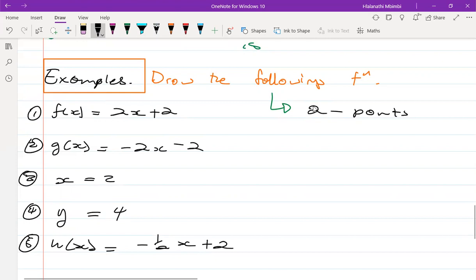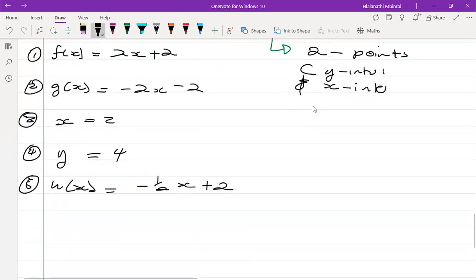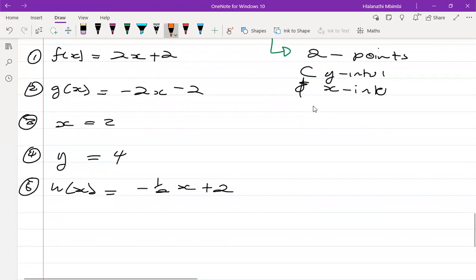Yes, we only need 2 points, and those points would be our special points, our y-intercept and our x-intercept. Yes. Okay, cool. Let's go ahead and try to do the first one.